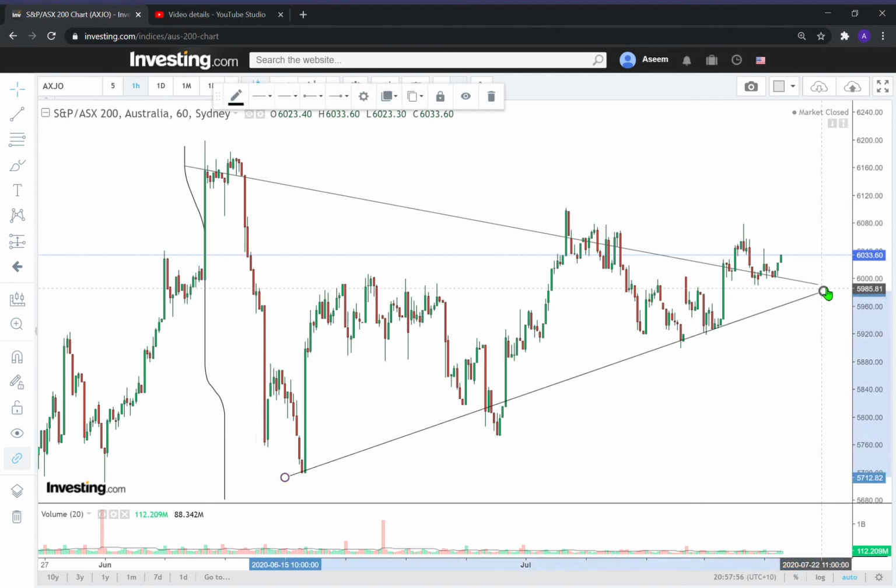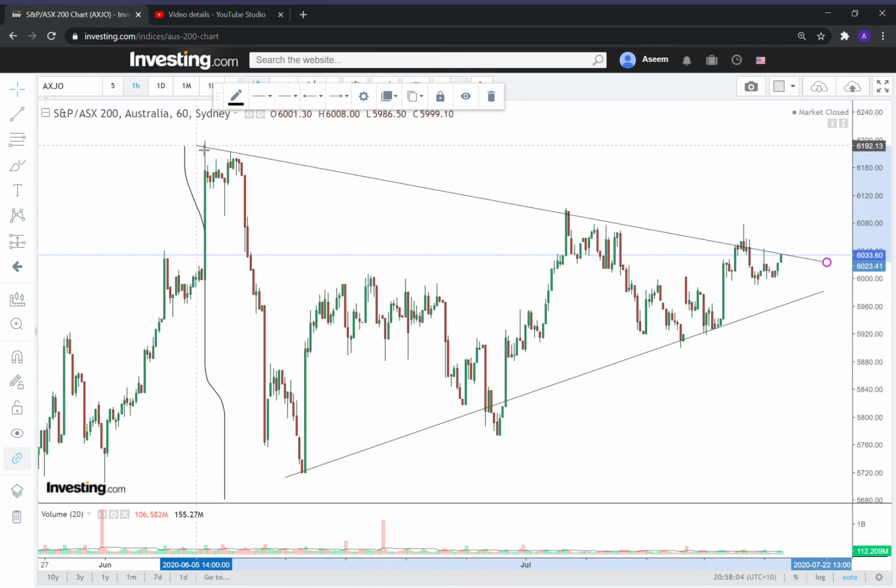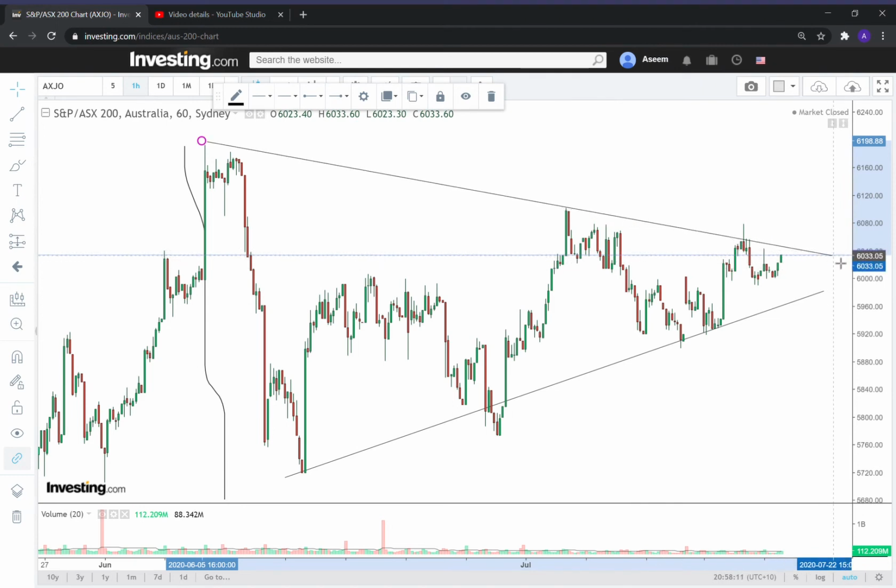Let me just correct that so that we have a bit of clarity here. However, on the hourly chart, it still looks like yes, if we break this level up at 6050, which is just 20 points away, then it should go up.